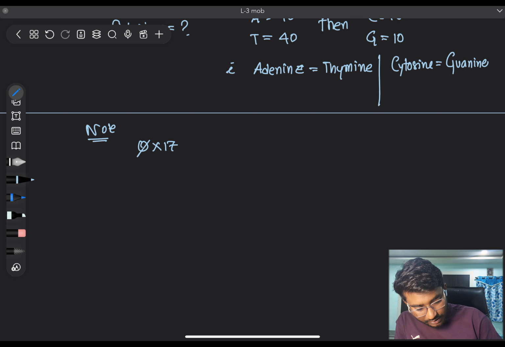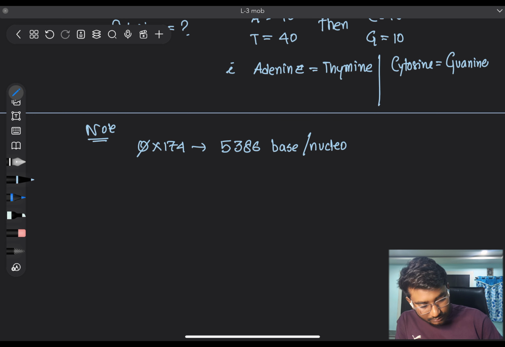Phi X 174 has 5386 nucleotides, it is given data from NCERT. Length is equal to the number of bases.